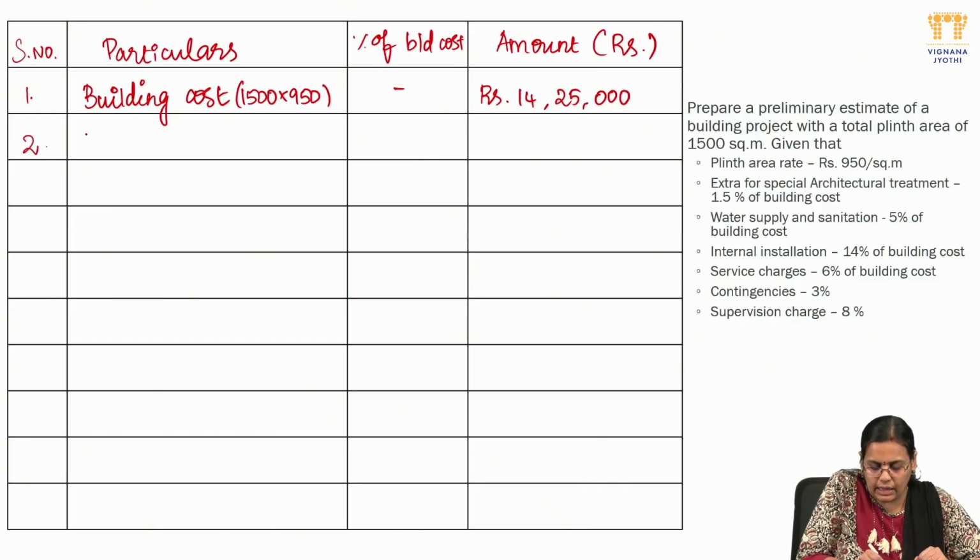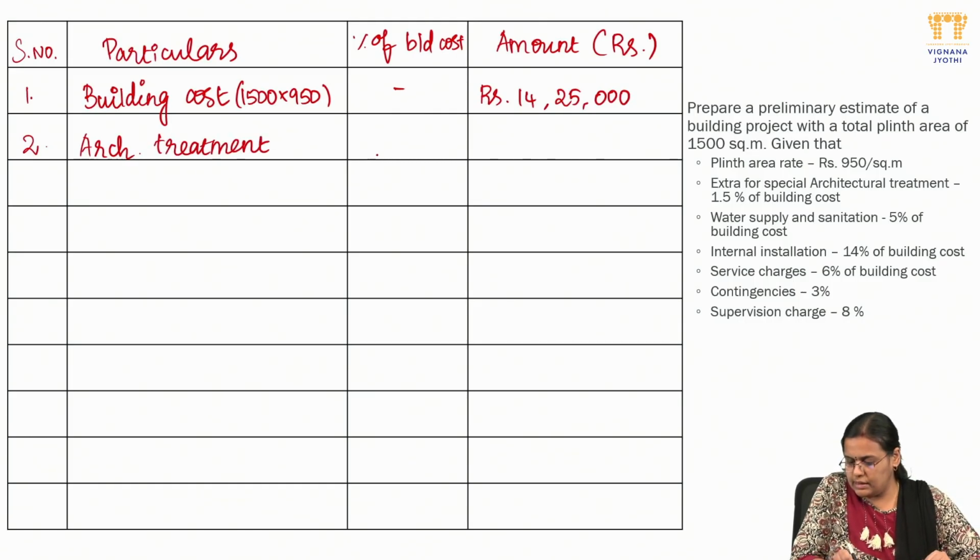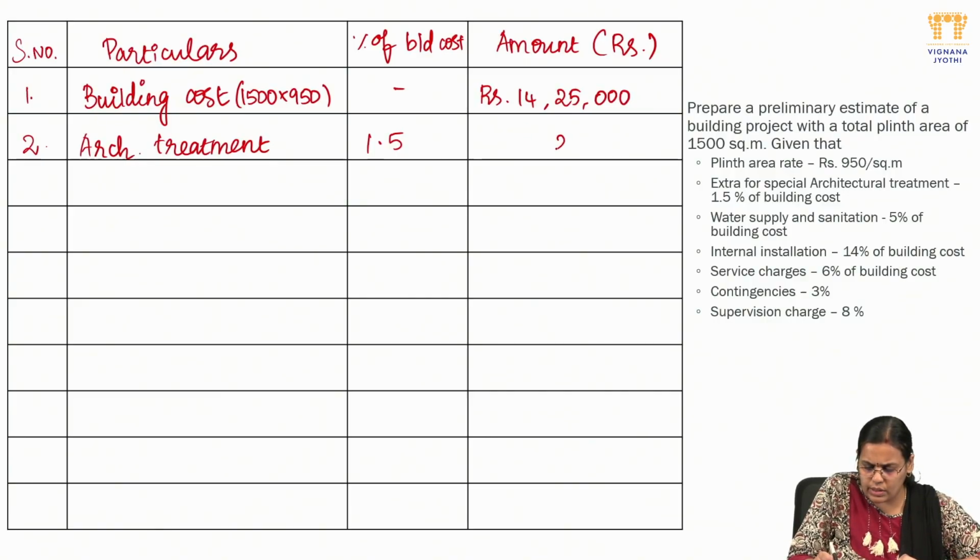First one is architectural treatment. So this architectural treatment is around 1.5% of building cost, right? So 1.5% of your building cost. So this comes somewhere around 21,375 rupees.